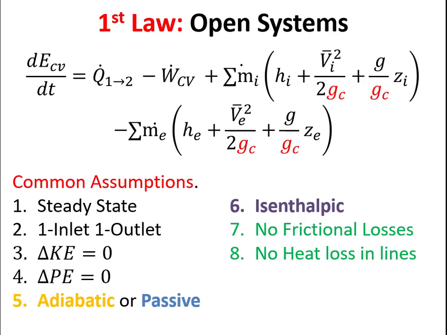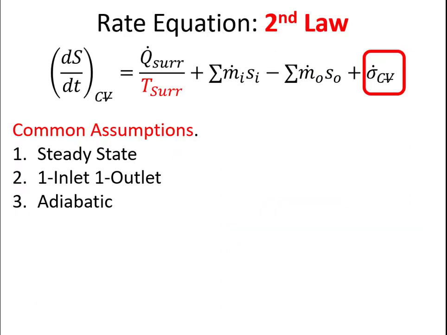We'll make the assumptions below for every component, looking to see whether or not we're adiabatic or passive in each component. And maybe if it's a nozzle, we'll then say that it's isenthalpic or that H does not change. If we need to, we can also do a second law analysis and make sure that the process is possible by ensuring that our entropy generation term is positive.